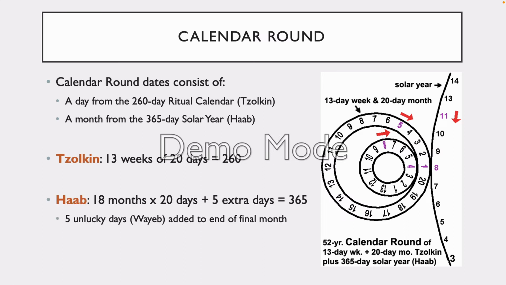And then the HAAB includes 18 months of 20 days each, plus an extra 5 days, getting us to 365, which we use in the Gregorian calendar nowadays. Now those 5 extra days were considered to be quite unlucky, but they did add to the end of the final month to make it more accurate.